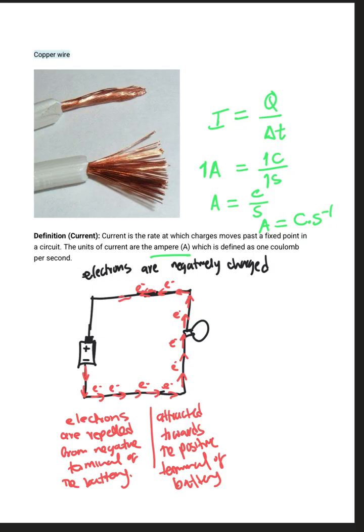You can see that the direction of the electrons shows you that the electricity is moving in this direction, right? So it's moving from negative to positive.